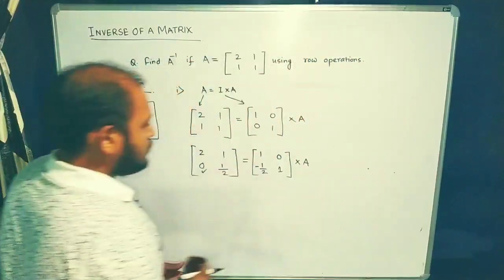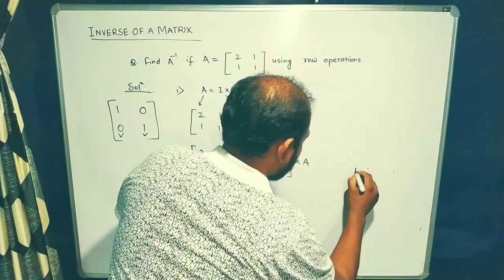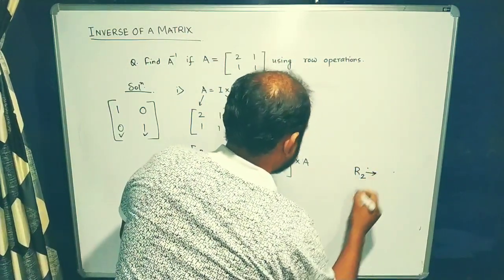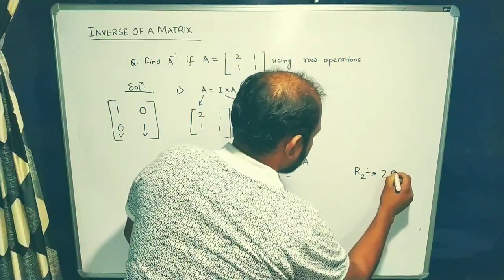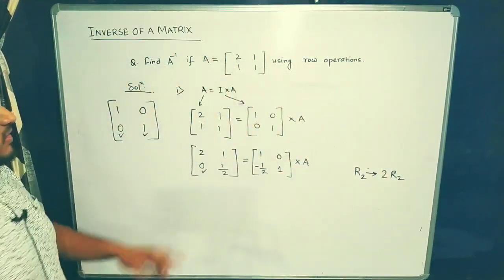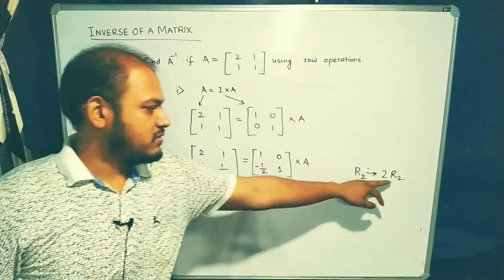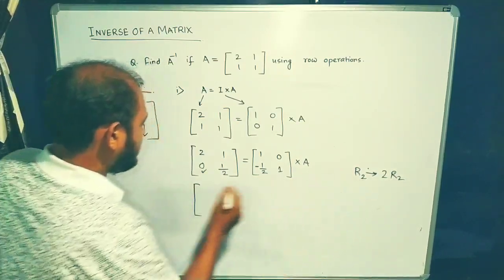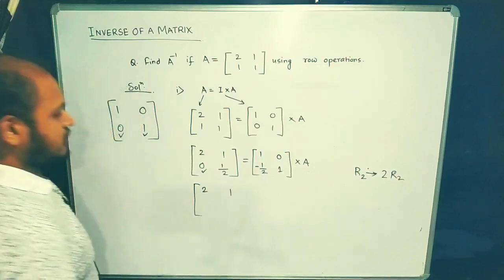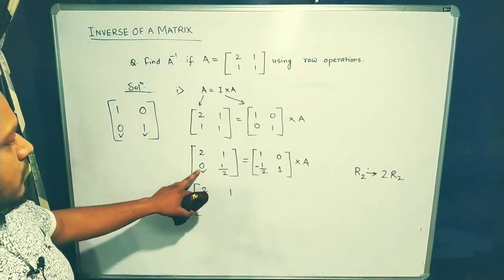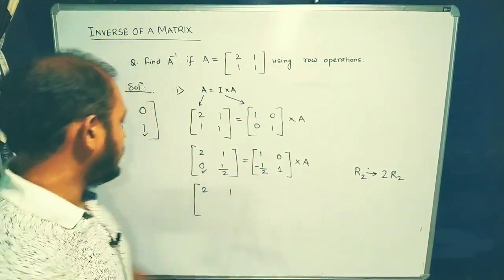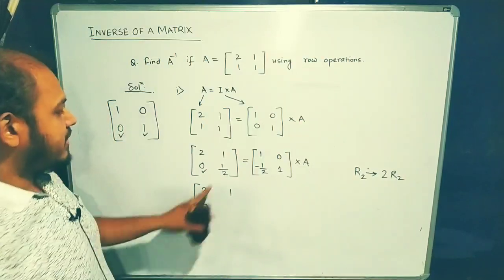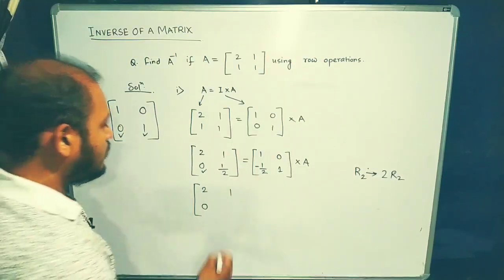So now we should do this operation here. That means R2 is getting changed to 2 times R2. So if we change the second row to 2 times the second row, then we will achieve, see, first row remains the same, so 2 1 will not change. However, in the second row, 0 into 2 is 0, and half into 2 is equal to 1.